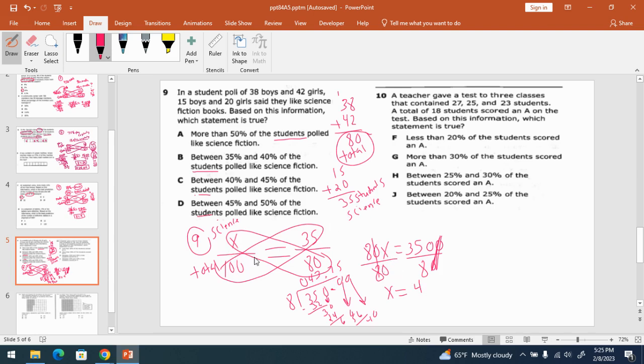You notice here x, so I know this one is going to be 43.75%. Okay. So more than 50, nope. Between 35 and 40, nope. Between 40 and 45, yeah, this would be between 40 and 45. 43.75 would be in between. That's the answer. The way I did number 9, you will do number 10 by yourself.